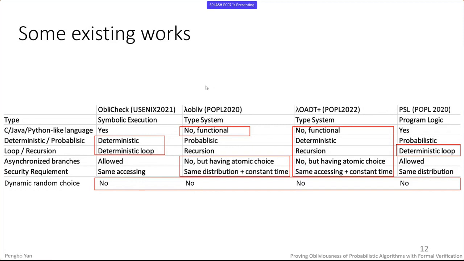And the second one, lambda oblivious, also cannot be used because it's based on a functional language. It's not very suitable, and more importantly, it does not support asymmetric branches on the sensitive data. And moreover, none of them support the dynamic random choice.